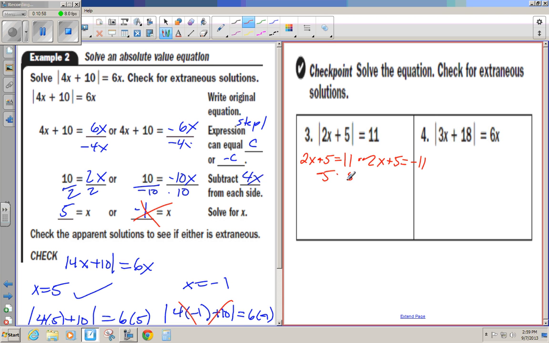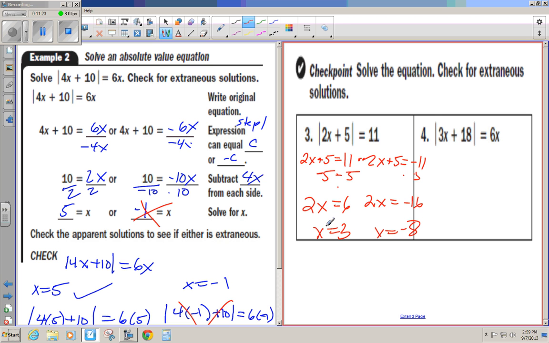Subtract 5, 2x equals 6, x equals 3 is one of my solutions. 2x equals negative 16, so x equals negative 8.